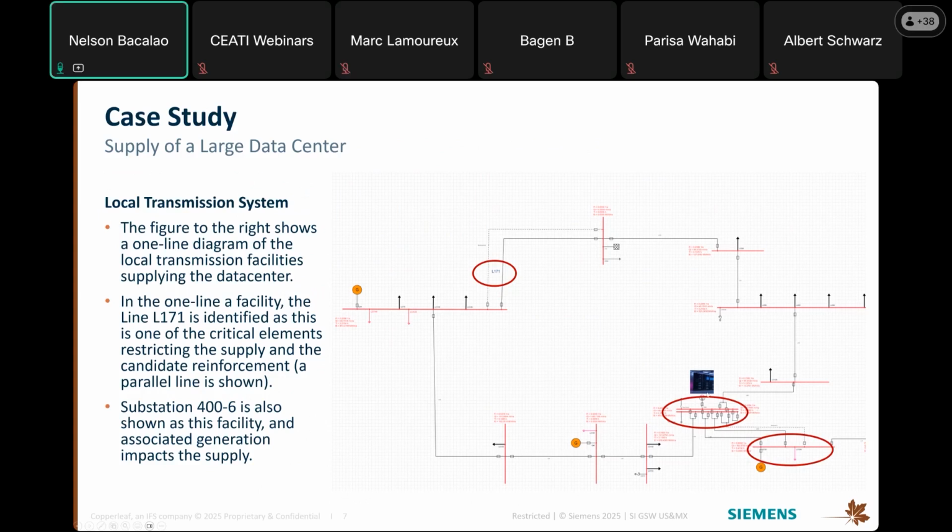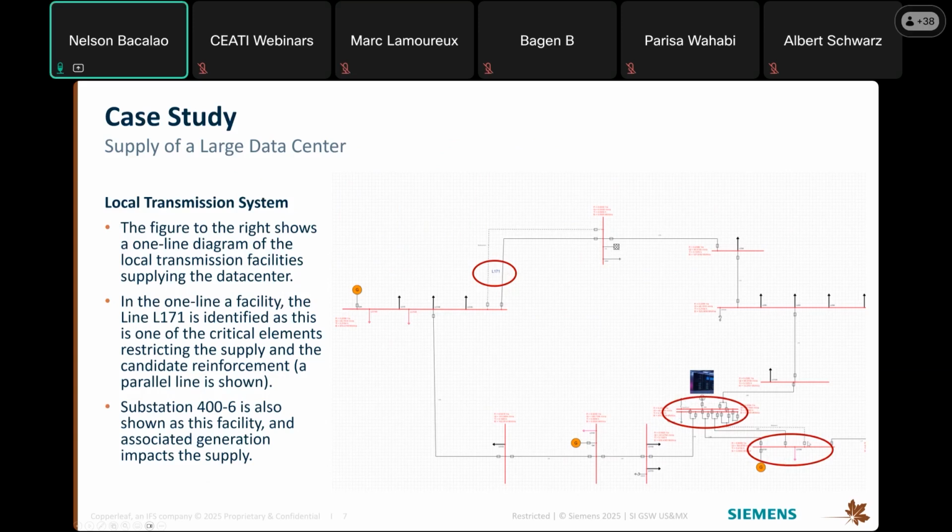This is the technology park. There is one line that is called line 171 that was found to be, as will be seen, behind most of the load shedding needs at the data center.